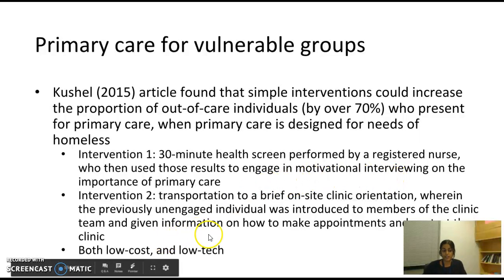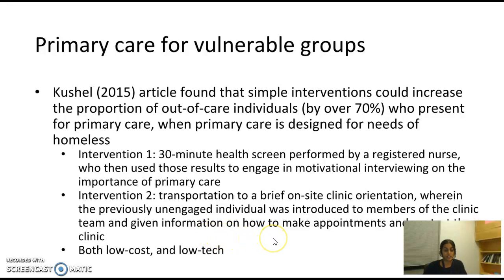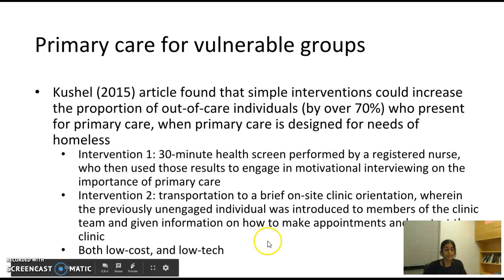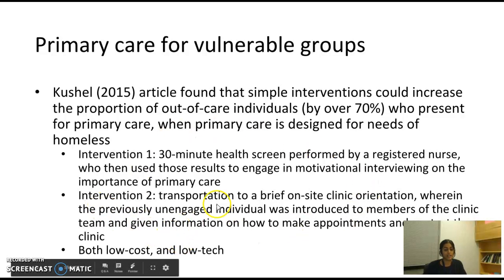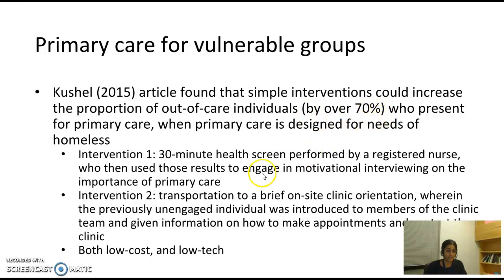The second intervention was transportation to a brief on-site clinic orientation, wherein the previously unengaged individual was introduced to members of the clinic team and given information on how to make appointments and contact the clinic. Both were low cost and low tech. Even though the second one worked better, they were both highly successful, and the 2 combined got over 70% participation.